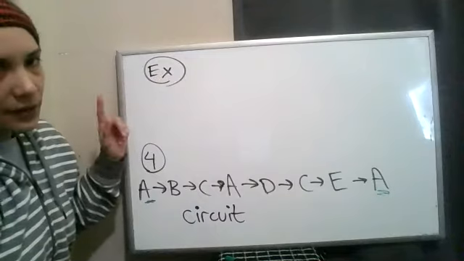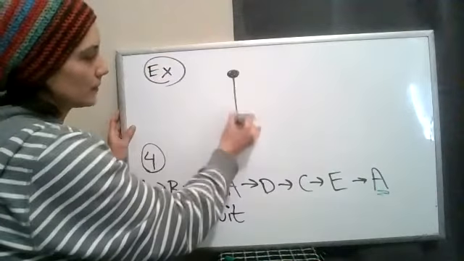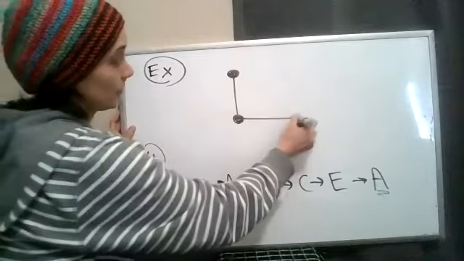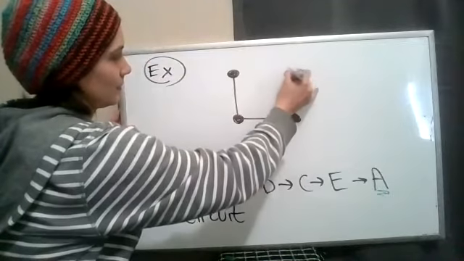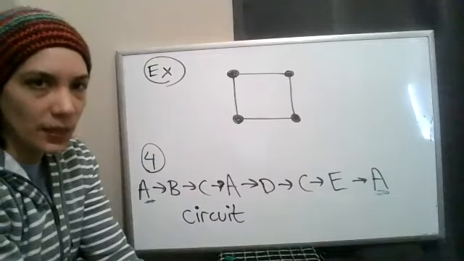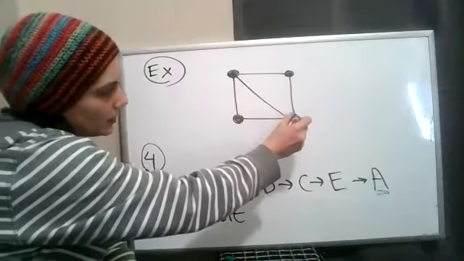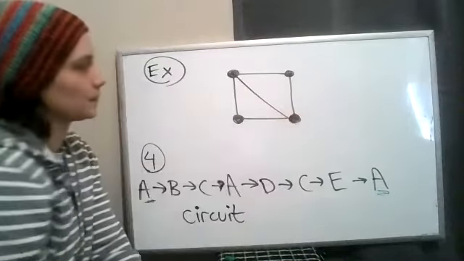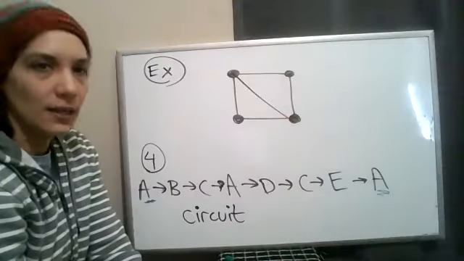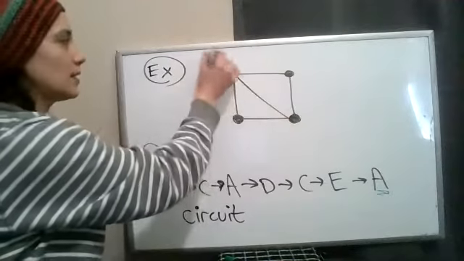The graph starts out as a big square with a line diagonal. We'll put C, F, E, B.